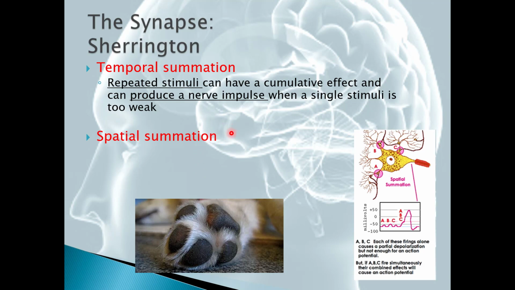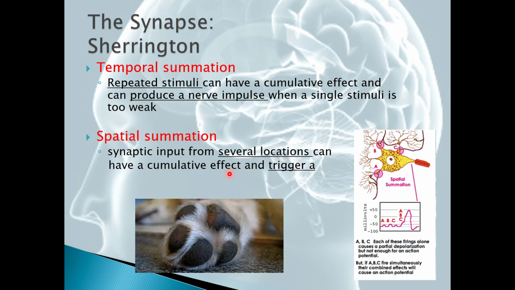Now let's compare that with spatial summation. So spatial summation is synaptic input from several locations, can have a cumulative effect and trigger a nerve impulse. So separate locations, location A, B, and C. So if we stimulate A, we pinch A here, not enough to get it to threshold. So again, here's threshold, no action potential. We pinch point B, not enough to get it to threshold, no action potential.